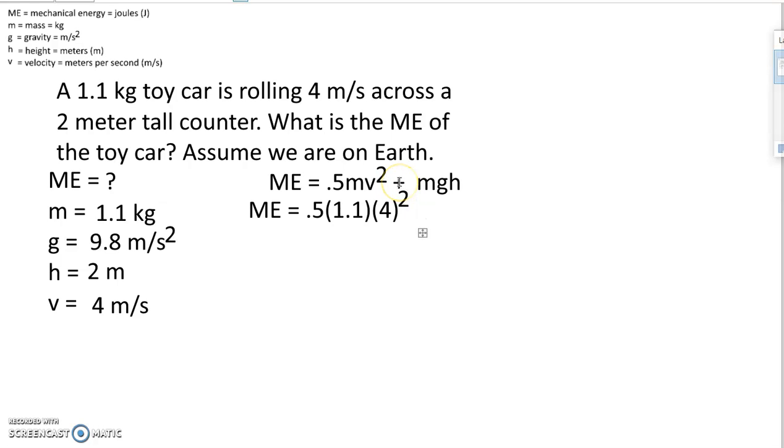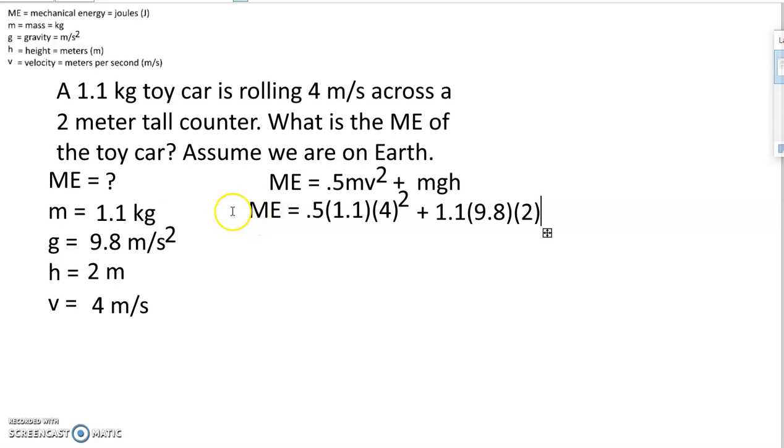Continuing on, I've got my plus, so I'll put plus. I've got my M again, which I know is 1.1. After M is G, which is 9.8. And then after G is H, which in my list is a 2. All right, now that I have my numbers plugged into the equation, I can start to solve it.